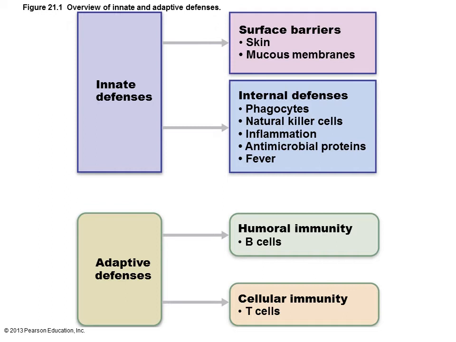Let's talk a little bit about surface barriers such as skin, mucous membranes, and secretions. Those are barriers for microbes to spread. Like protective chemicals, they inhibit and destroy microorganisms.